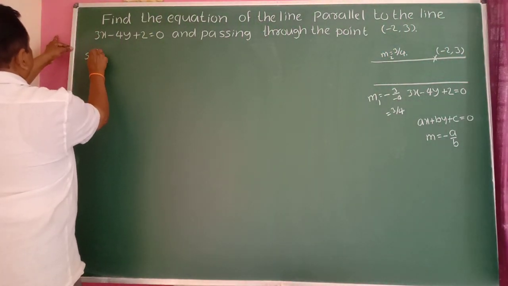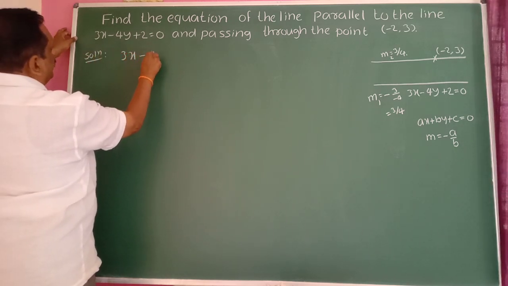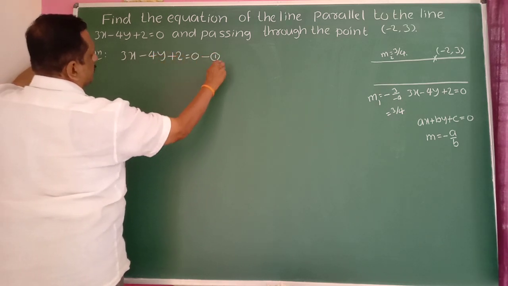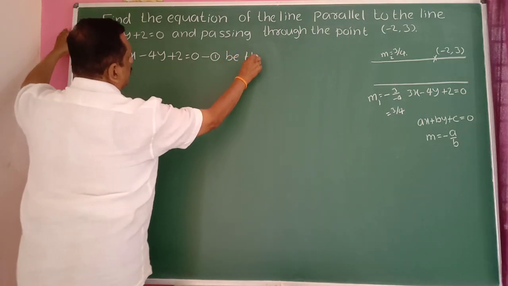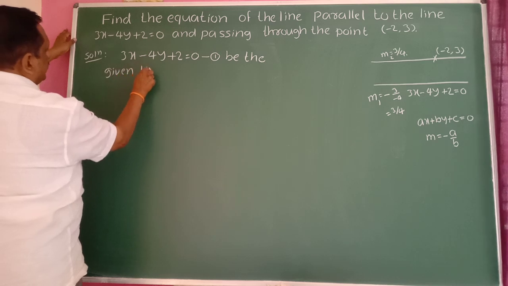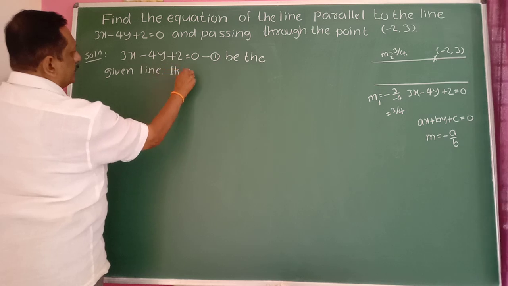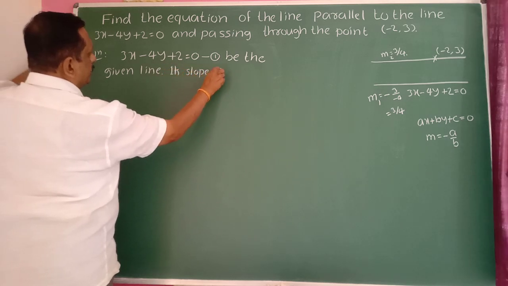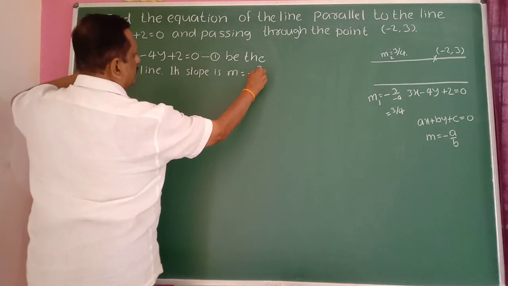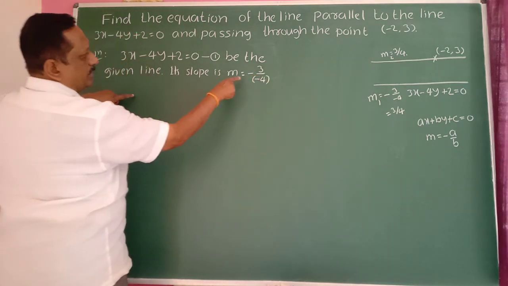So take your solution here. 3x minus 4y plus 2 is equal to 0, taking this as equation number 1, the given straight line. Its slope is m is equal to minus of 3 divided by minus of 4, that is 3 by minus 4 with a minus in front.